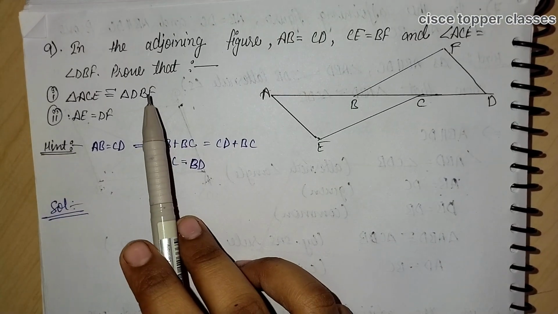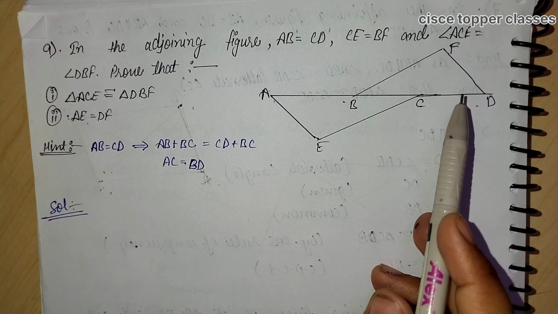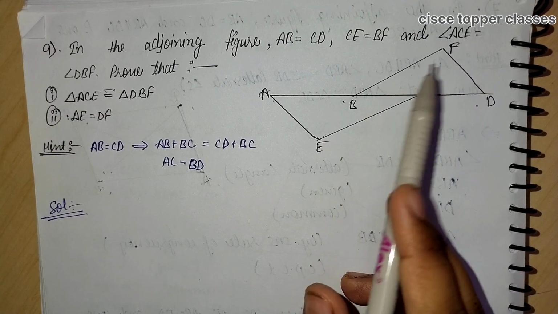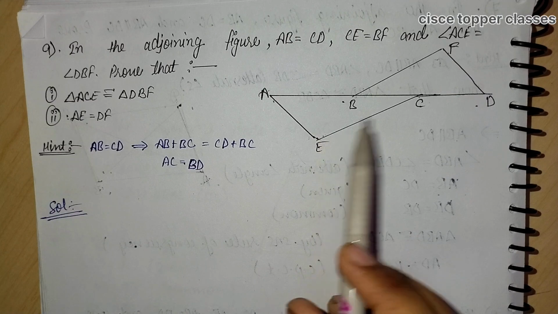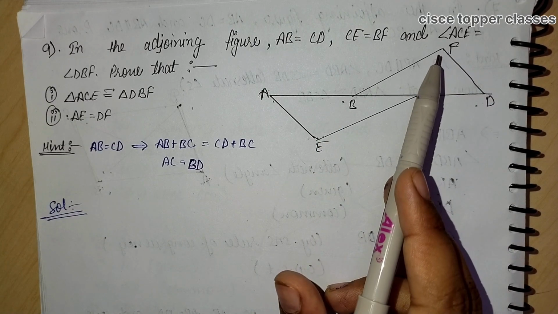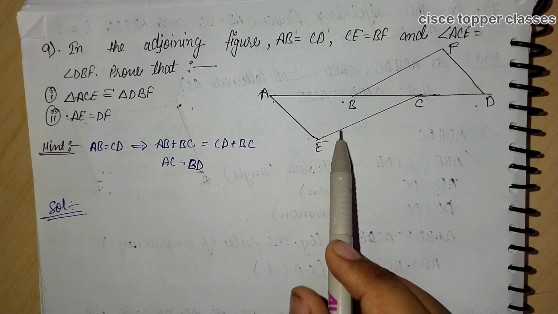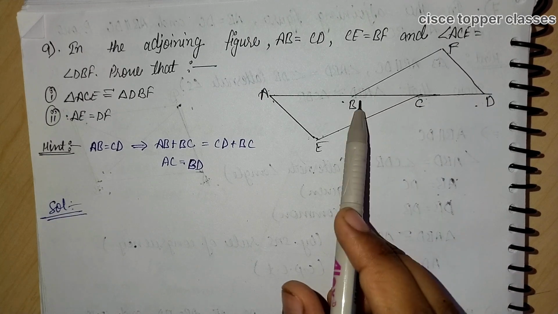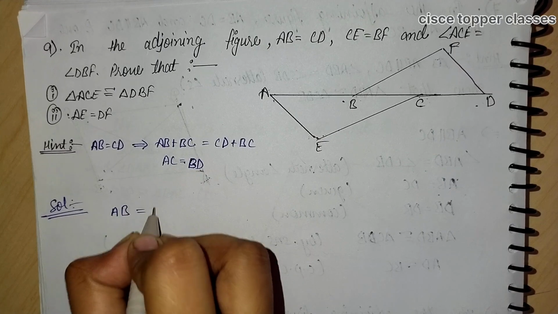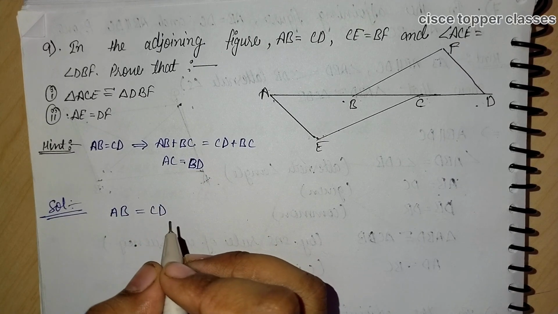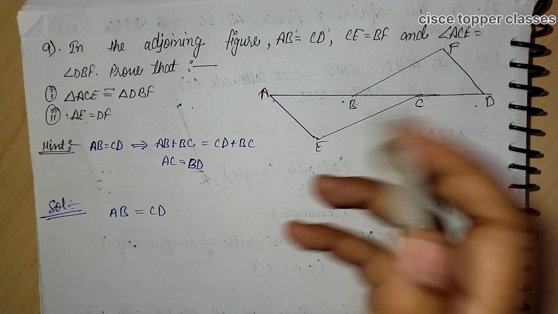Now let us solve the ninth question here. In the adjoining figure, AB is equal to CD here and CE is equal to BF. Angle ACE is equal to angle DBF. So we have to prove that triangle ACE is congruent to triangle DBF. Firstly, according to the given information, AB is equal to CD, and we can write BC is equal only.